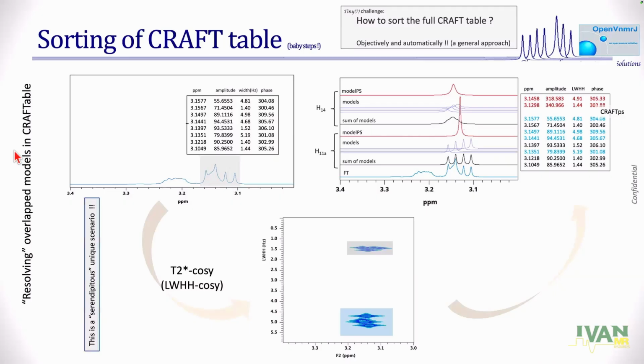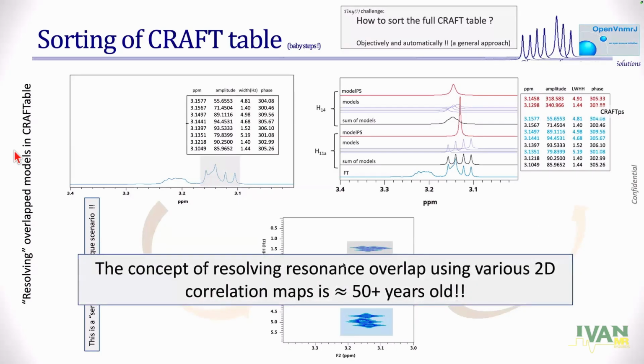So, but let's go back and see what is it that we wanted to do. Resolve overlap models in CRAFT table. Here is a way that we were able to do: take it into a two-dimensional representation and resolve it. We have been doing this for 50 plus years. Whenever we have overlapping resonances, the first thing we turn to is a 2D spectrum.